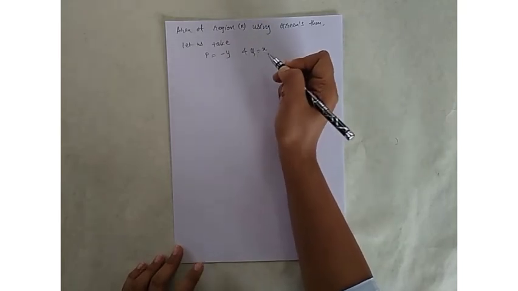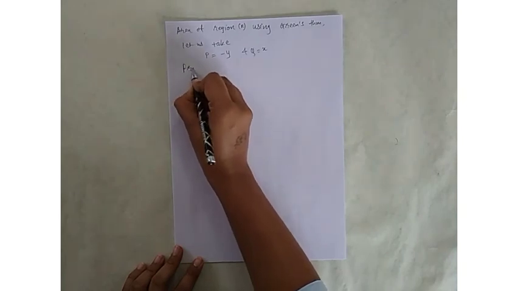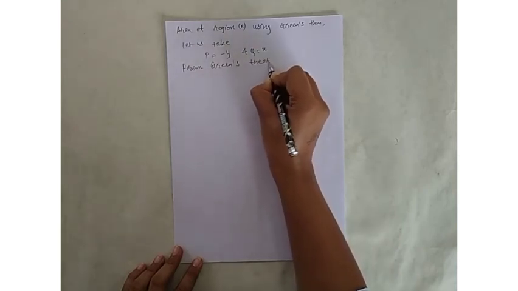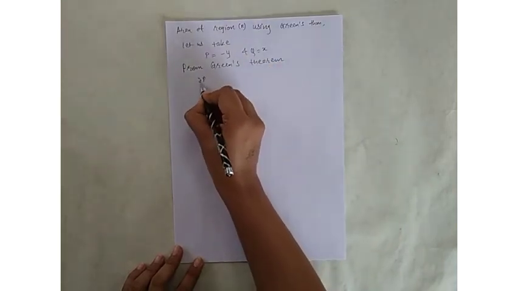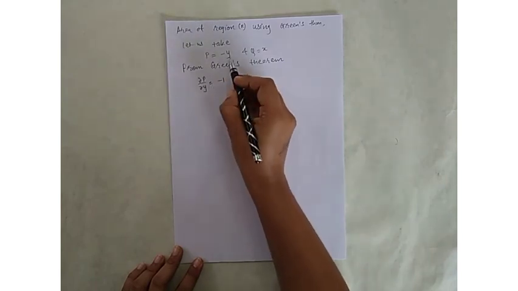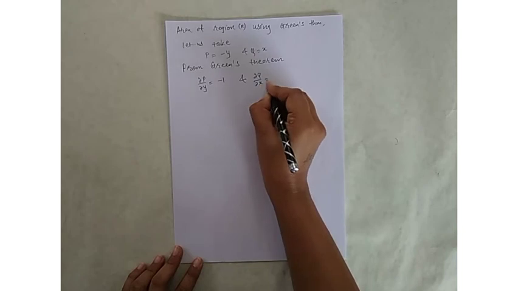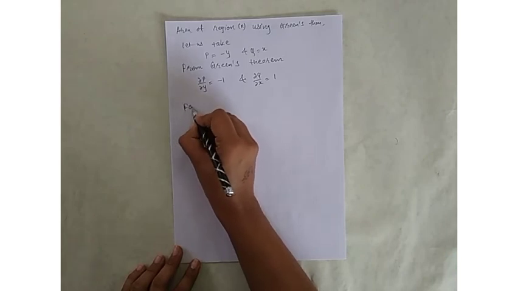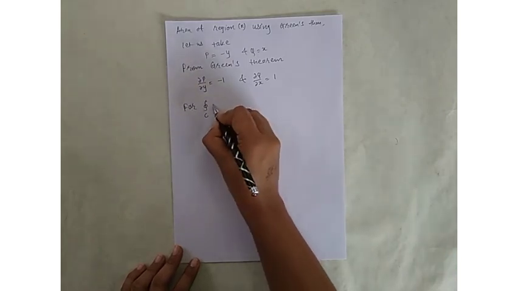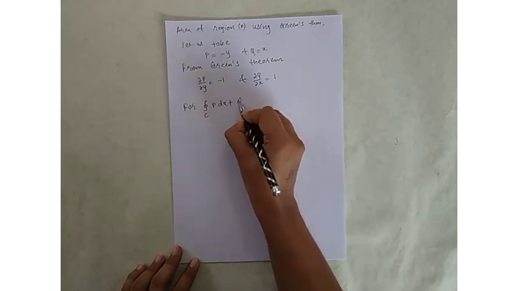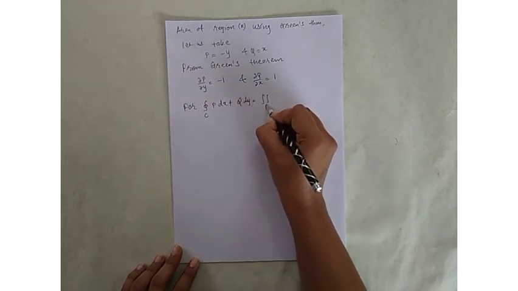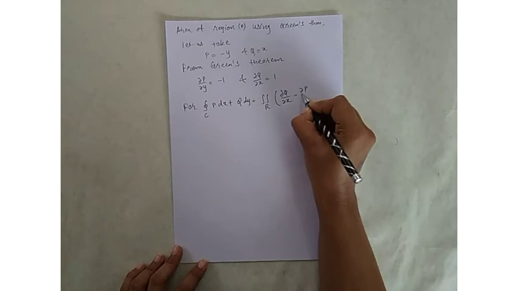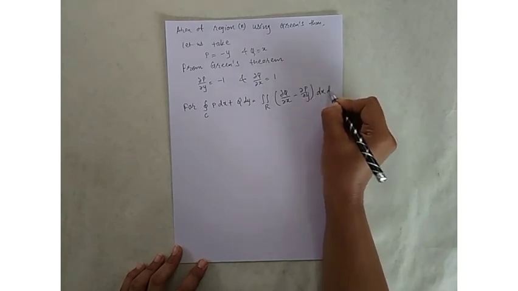Then from Green's theorem, del p by del y is equal to minus 1 and del q by del x is 1. So the integration on closed smooth curve C of p dx plus q dy is equal to the double integration over the region R of del q by del x minus del p by del y dx dy.